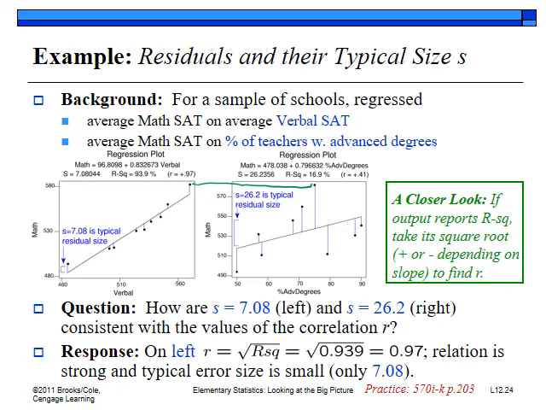On the other hand, the 26.2 is the typical residual size for the other regression. Since R is positive 0.41, which is not very strong, we expect the residuals to be greater because the y values do not depend as much on the x values. Remember, if you're only given r squared, you can find r by taking the square root and choosing the appropriate sign.